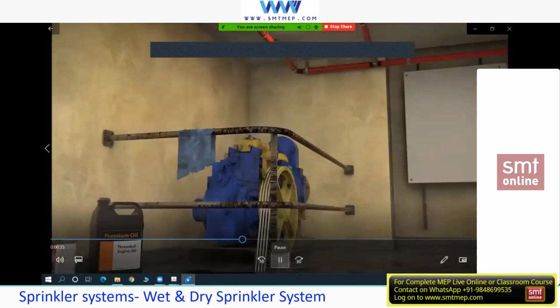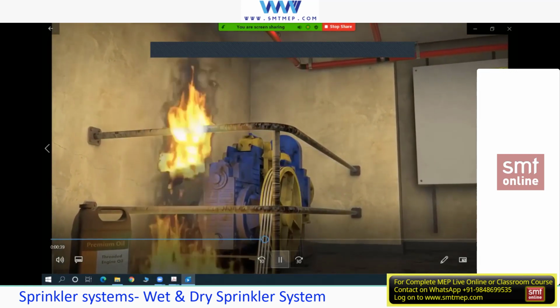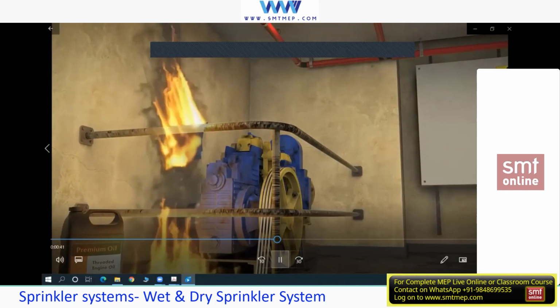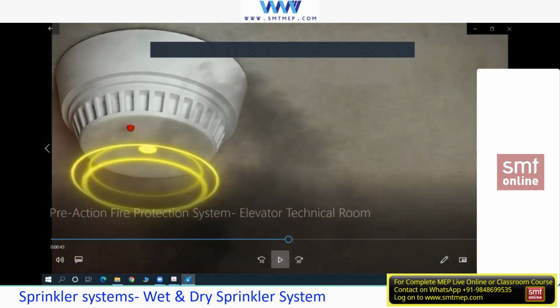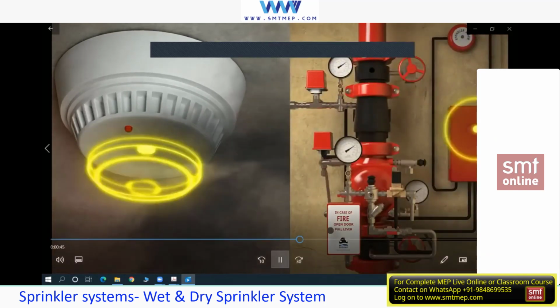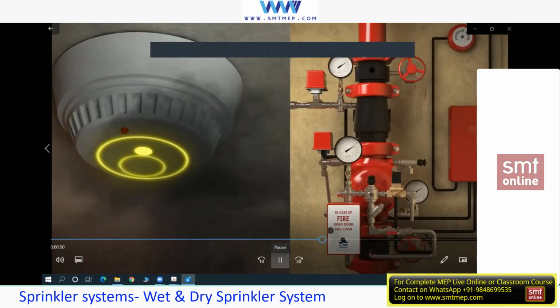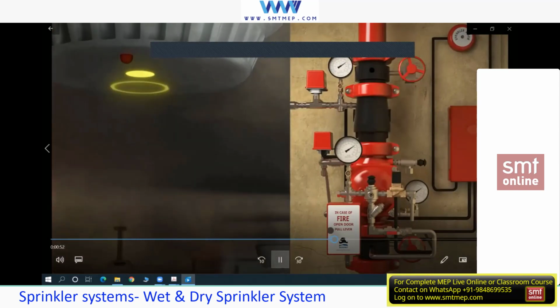Now the actual fire event. You see, the heat detector is sensing the heat and it's activating the system. Or say a smoke detector.